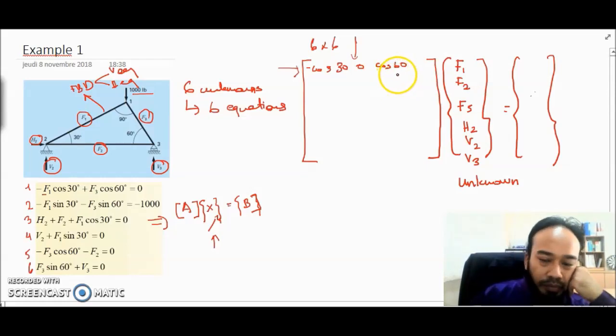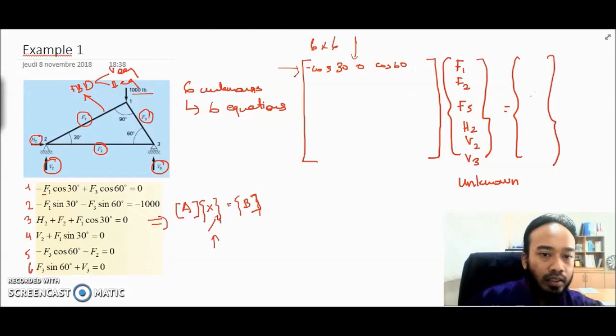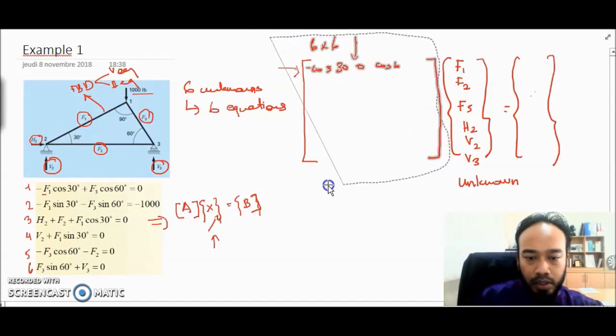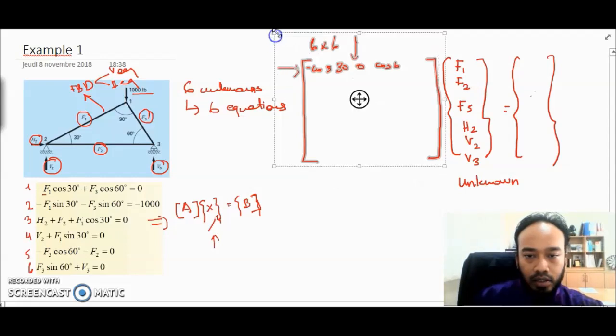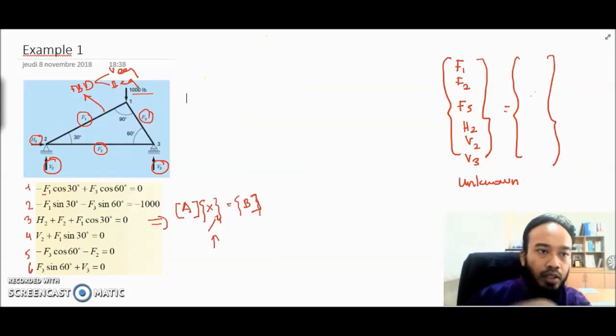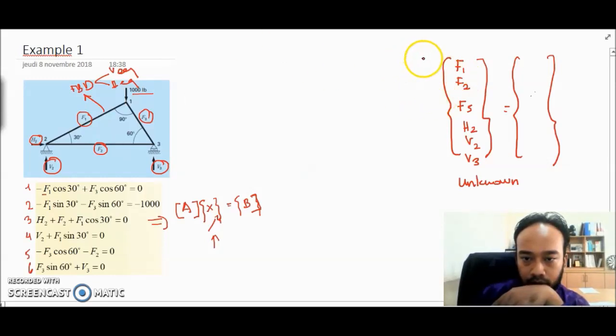It's a bit too small. Let me erase and make a bigger matrix, a 6 by 6.